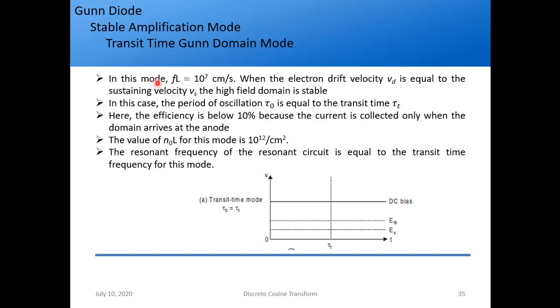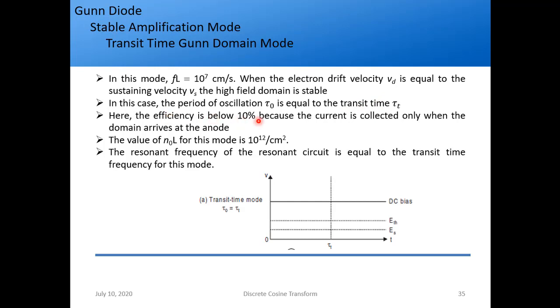In this mode, obviously FL, the product of frequency and length, is 10^7 centimeters per second. What happens here is the electron drift velocity is equal to the sustaining velocity. Since this is the stable amplification mode, we get sustained oscillation. Since they are equal, the period of oscillation T0 is equal to the transit time of the electron, which we saw in the transit time effect.